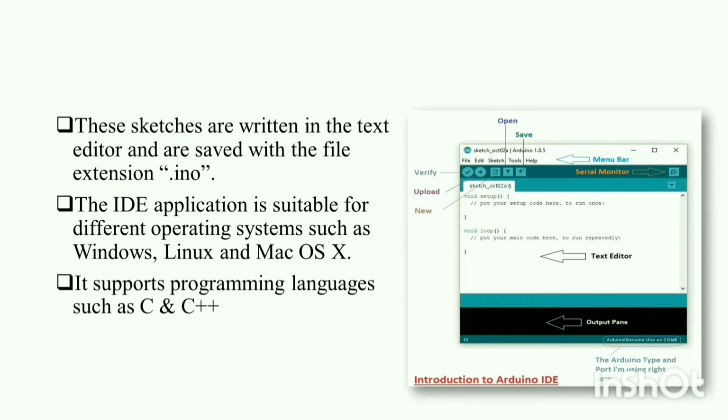Look at the picture. We find this default code, and this default code has two key functions: the setup function and the loop function. The setup function is where, when we power on the Arduino, the very first place it reads would be the setup.